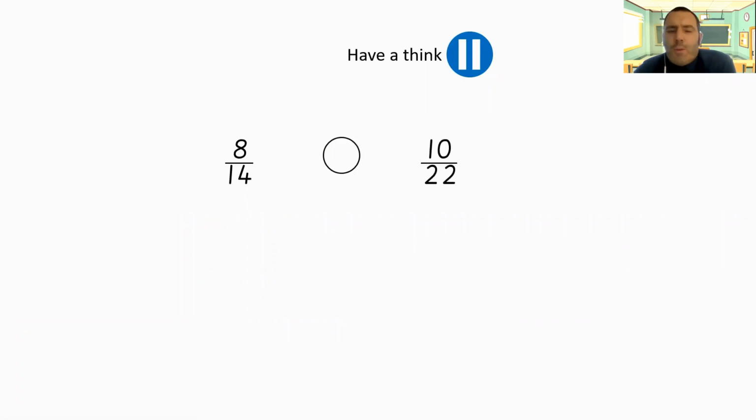How about this one? Have a think. Think about what we've just talked about. Pause here to have a go. Okay, how did we get on with that one? 8/14 and 10/22. So we know half of 14 is 7. 8 is greater than 7, so we've got more than half here.